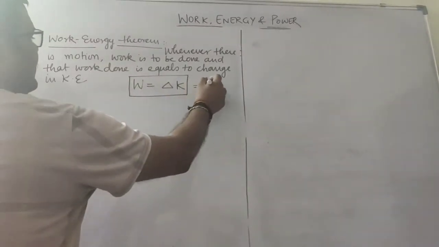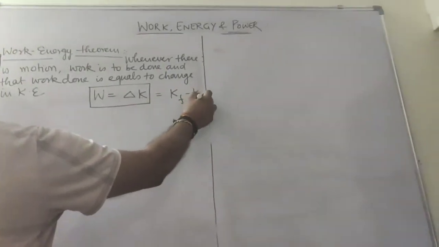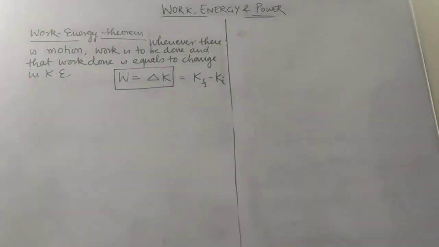Delta K here means final kinetic energy minus initial kinetic energy. This is the work energy theorem.